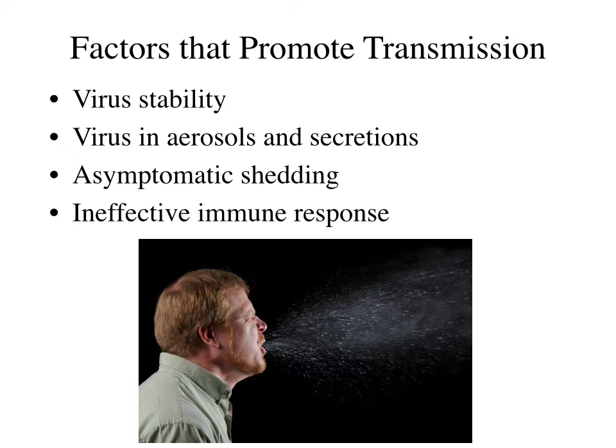So, for instance, if you receive a transplant, let's say you get a kidney transplant, for the rest of your life you are going to be receiving drugs that suppress your immune system so that you won't reject that organ. And then there are diseases that cause immune suppression, for instance, HIV. So we see a larger and larger component of the population who have a reduced, ineffective, or defective immune response, and that can promote transmission of disease.